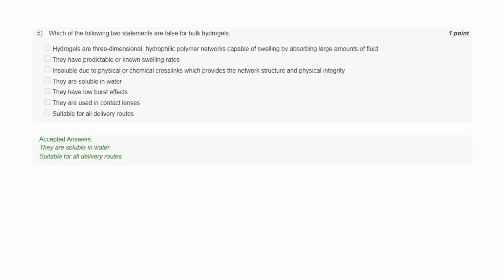And as I said, even though they're made of hydrophilic chains, they are insoluble in water. So both of these options are wrong: that they're soluble in water and that they're suitable for all delivery routes. Am I clear?